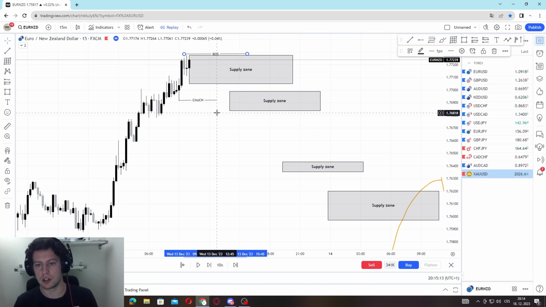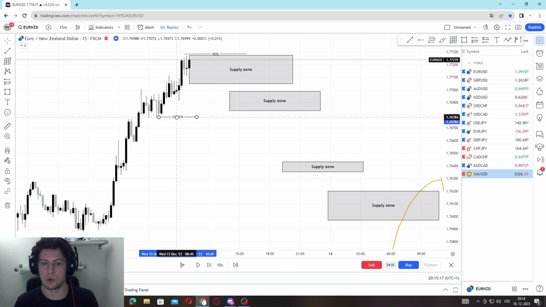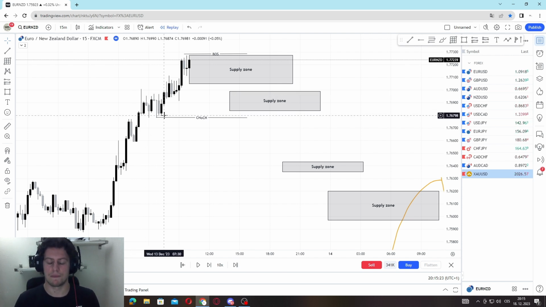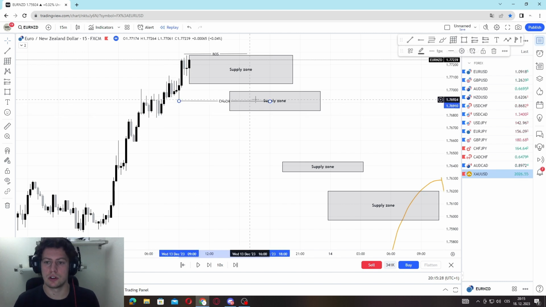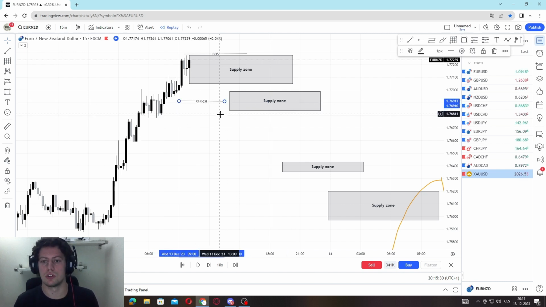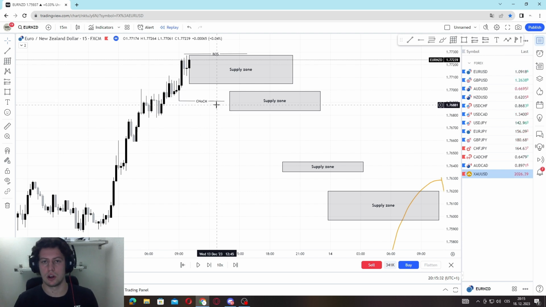Or if it breaks this, it is a valid change of character. If you want to be really strict, this would be a change of character because this is a bigger pullback. But for me personally, it's okay to consider this a change of character. It's up to you what you are going to tolerate.